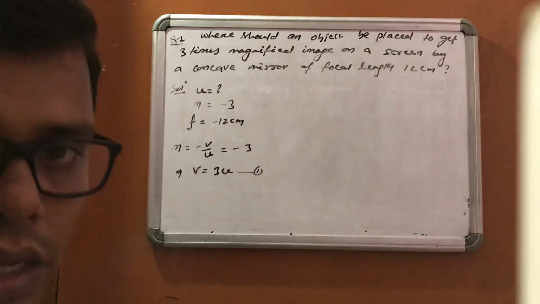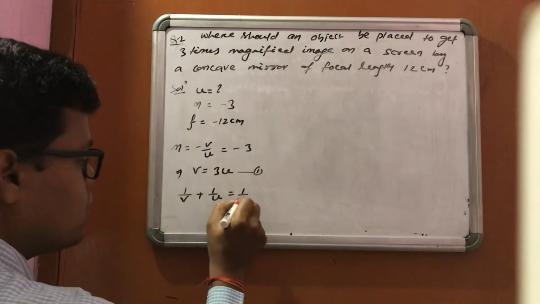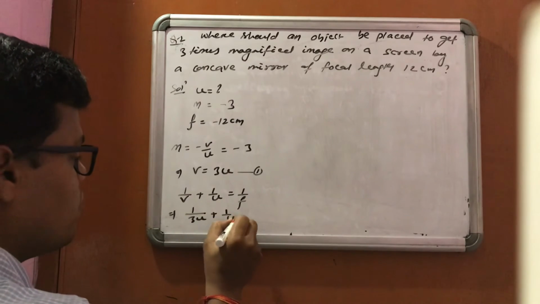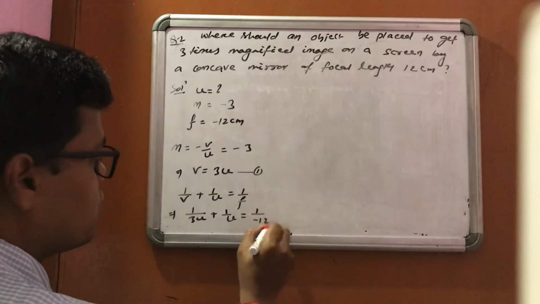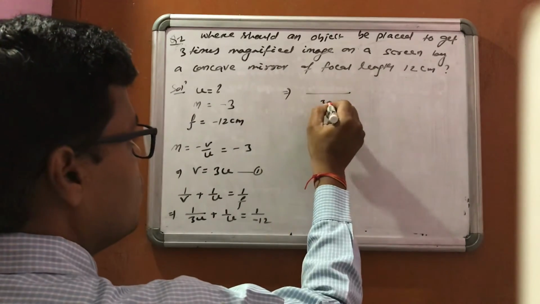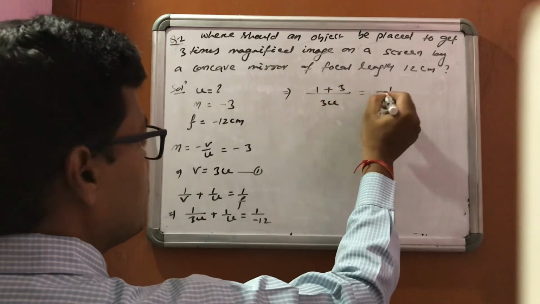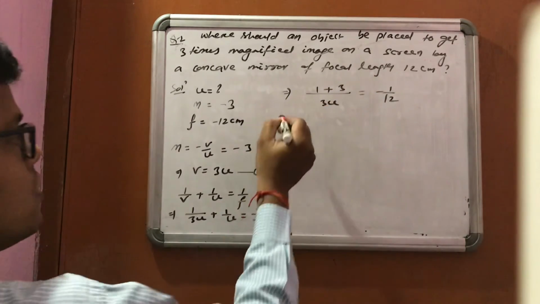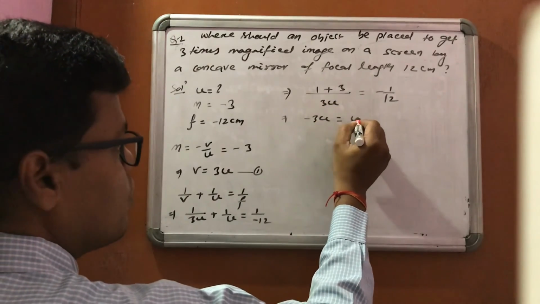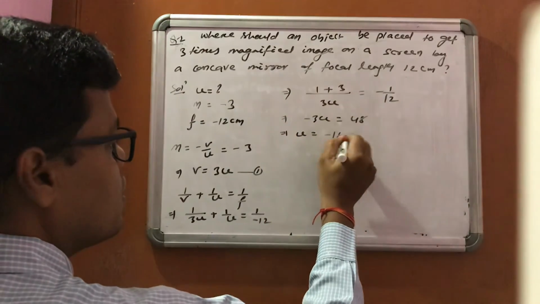Mirror formula is 1 by V plus 1 by U is equal to 1 by F. So 1 by 3U plus 1 by U is equal to 1 by minus 12. Implies 1 plus 3 by 3U is equal to minus 1 by 12. So this is minus 3U is equal to 48, implies U is equal to minus 16 centimeter.